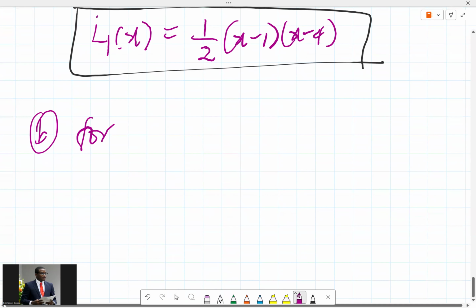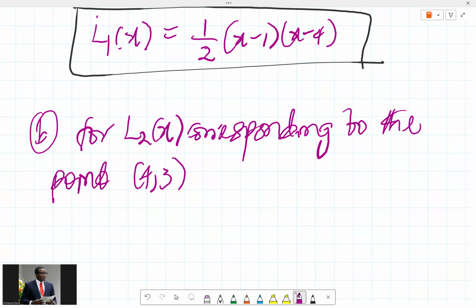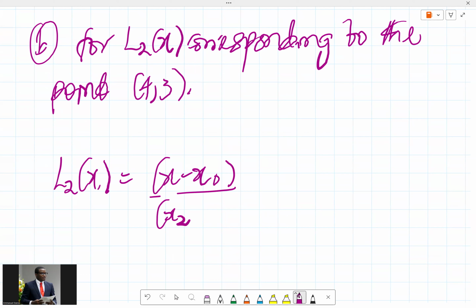So for L2 of x corresponding to the point 4, 3. So again, we have L2 of x, which will be equal to x minus x naught, because we are talking about 2 now, divided by x2 minus x naught, multiplied by x minus x1.